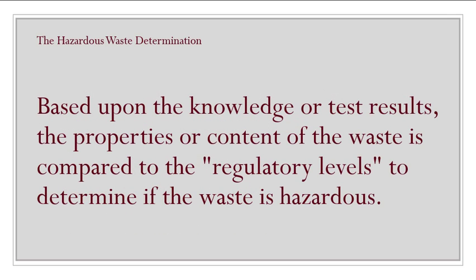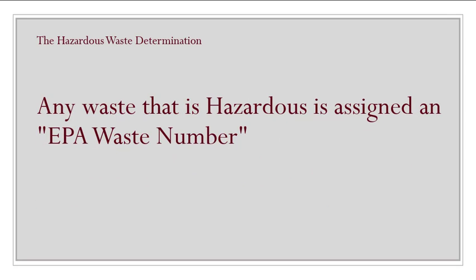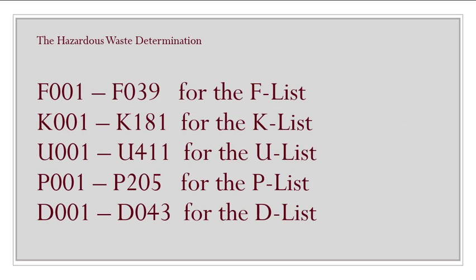So based upon the knowledge or test results, the properties or content of the waste is compared to the regulatory levels to determine if the waste is hazardous. Any waste that is hazardous is assigned an EPA waste number. Okay, that's a really important fundamental thing. If you have a hazardous waste, there must be an EPA waste number assigned to it.